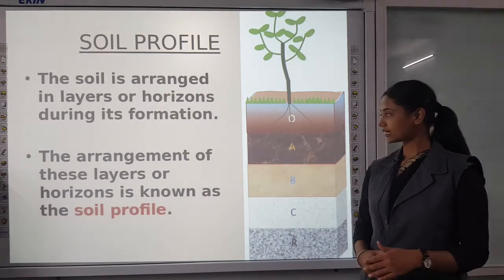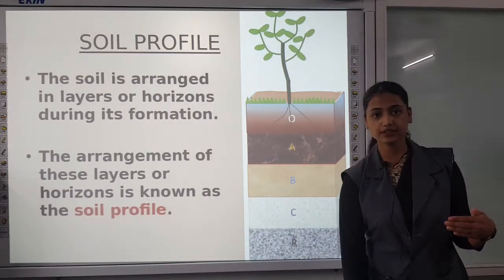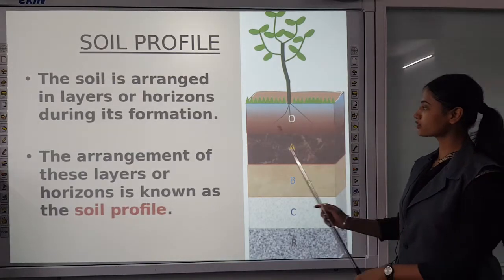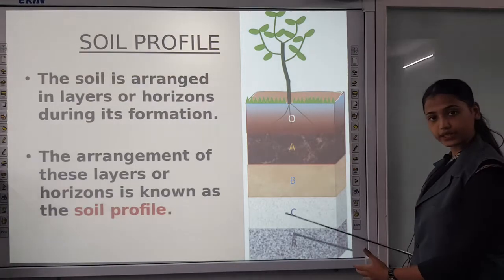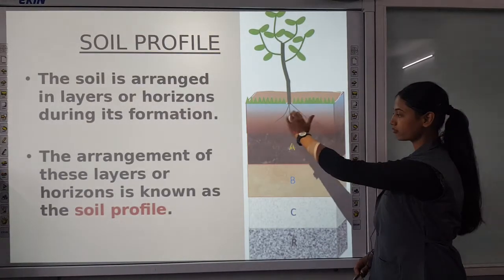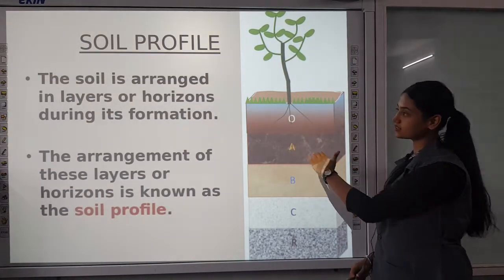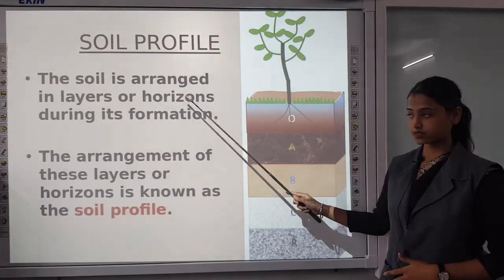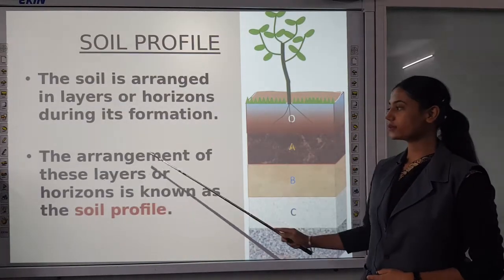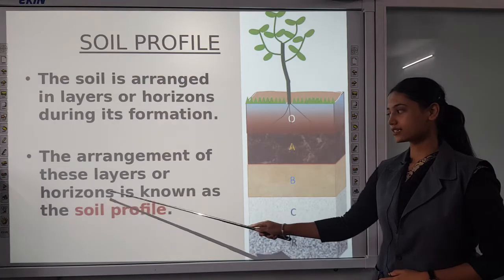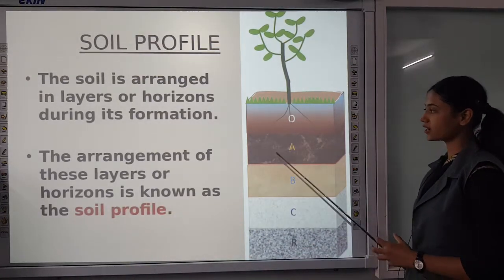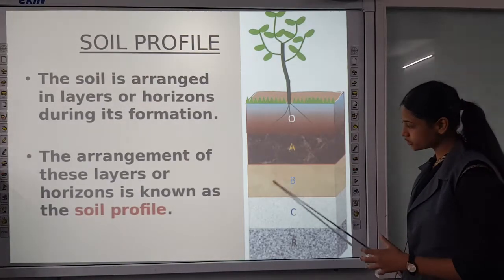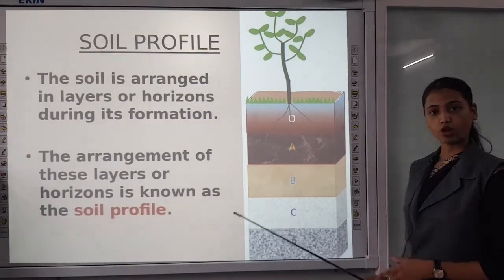If we cut it vertically, then we can see the different layers. We have cut it in a vertical section and you can see a few layers. These layers are also known as horizons. And the arrangement of these layers or horizons is known as the soil profile.